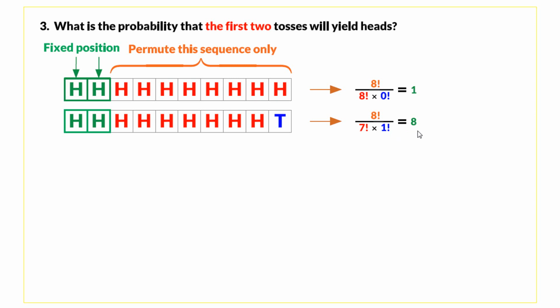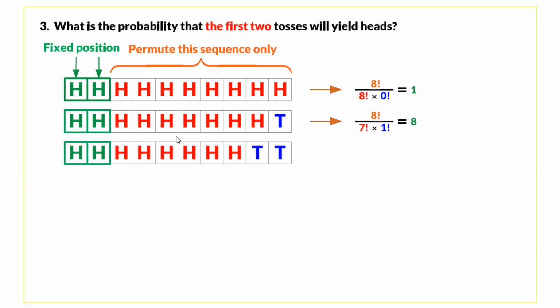and that is 8. We can also have a sequence with 2 tails in it, and starting with 2 fixed heads here. So we have to permute this 8-letter sequence here, which has 6 identical items and 2 identical items. So we apply the permutation formula with identical items, and we get 28 permutations.